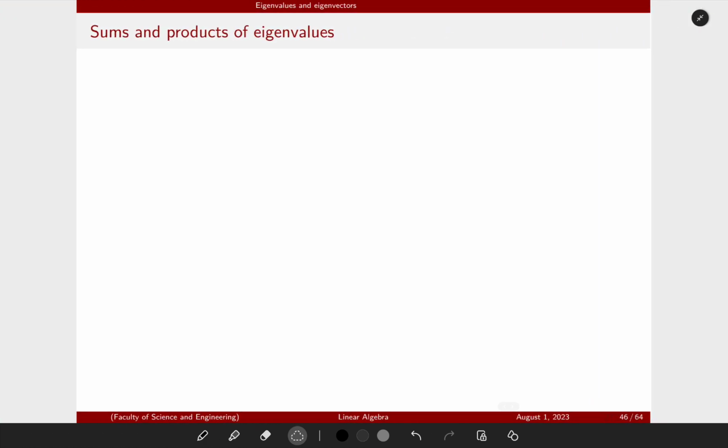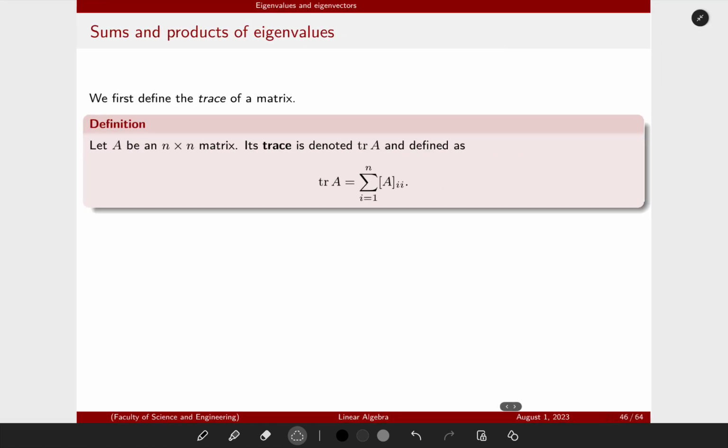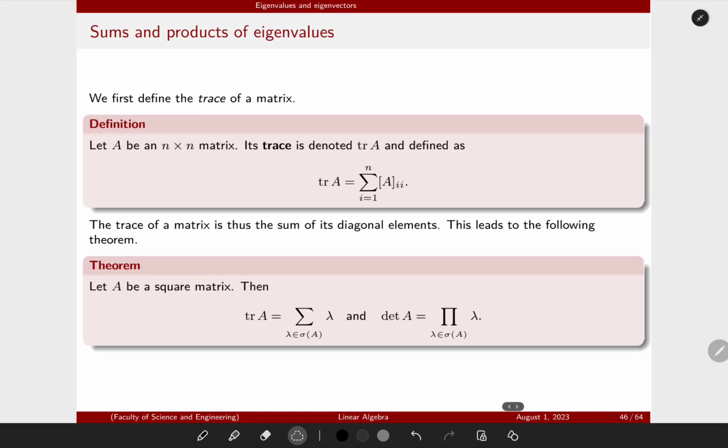Now we have some very nice results that relate sums and products of eigenvalues and determinants. First we define the trace of a matrix. The trace of a matrix is denoted by tr A, we just call it the trace of A, and it is the sum of all of the diagonal entries of A. Then we have this result.